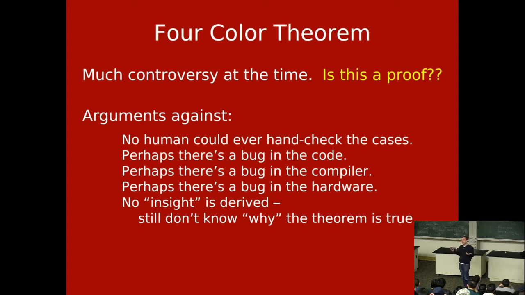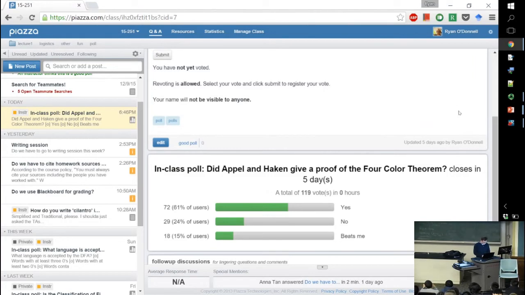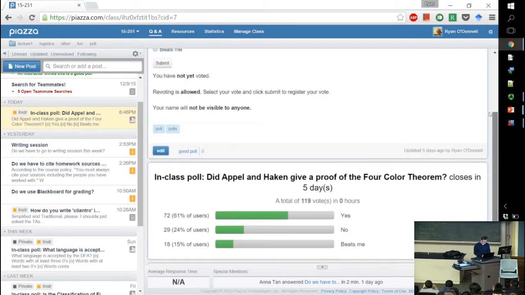You ran the computer for 1,200 hours, and it's like, hey, I checked all the cases. You still don't really know the reason why every map can be colored with 4 colors in this way. So yeah, let's see what the final total was. Yeah, 60-40. All right, so now I have to close this somehow.